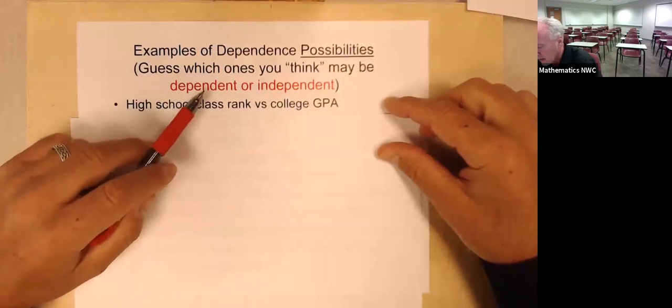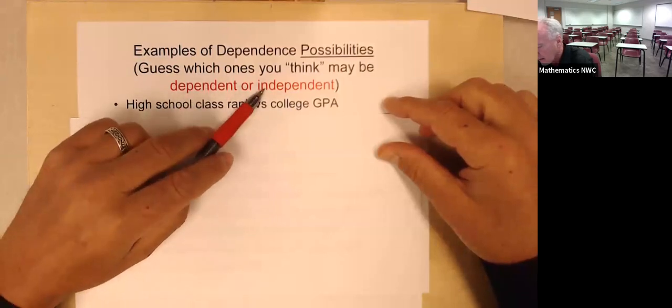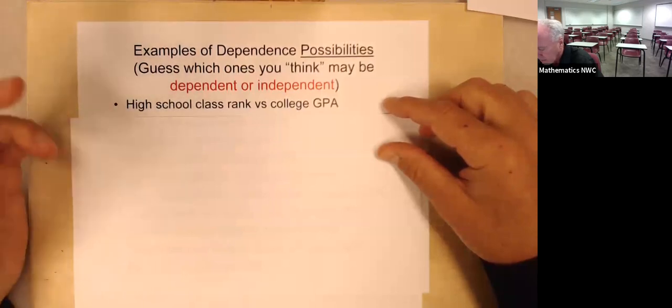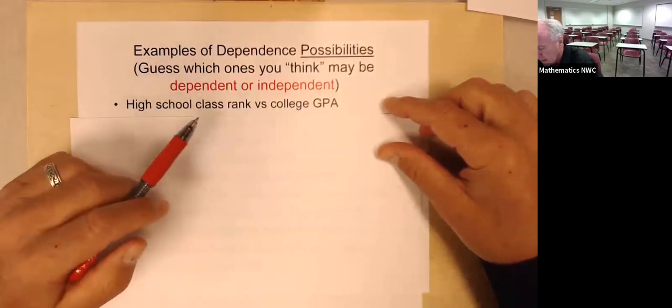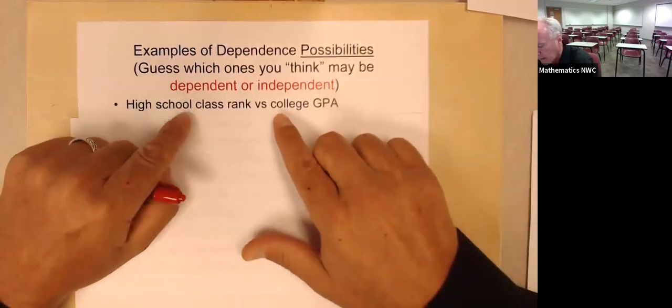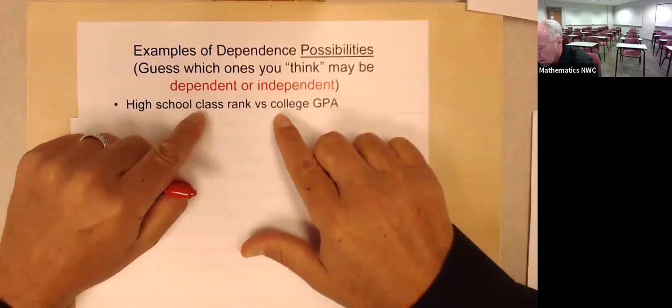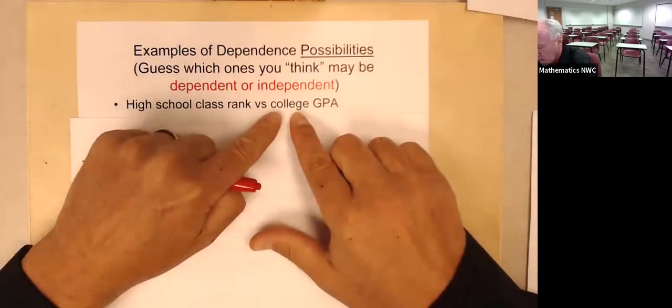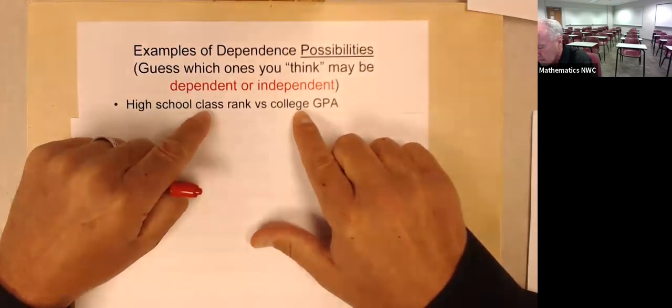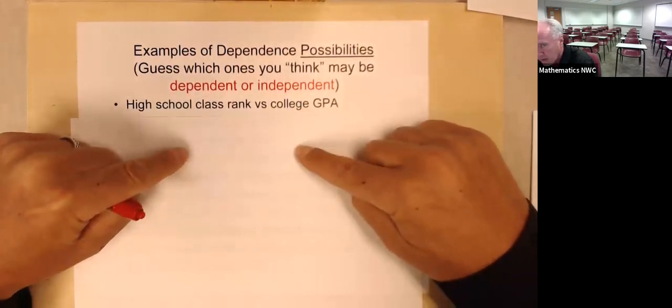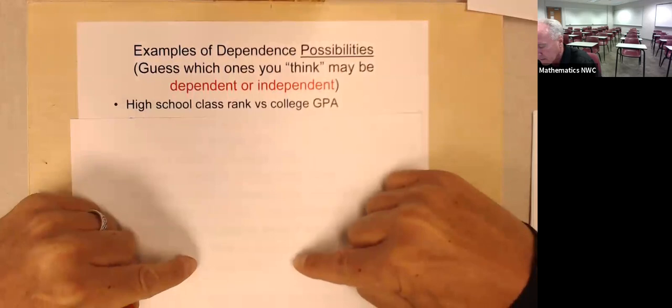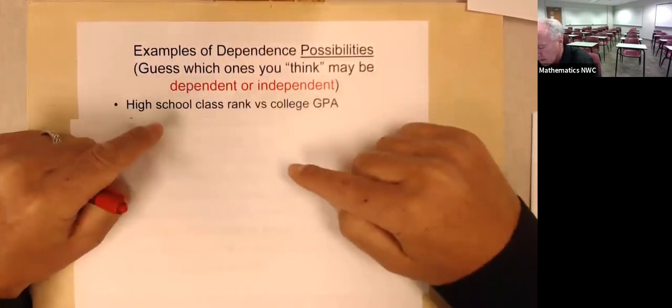Do you think that they are dependent or independent? I think a lot of different answers, but I'm here to tell you those two are related. If you get a better class rank, your college GPA usually is higher. They both go up together, they both go down together. They are dependent, they're related.